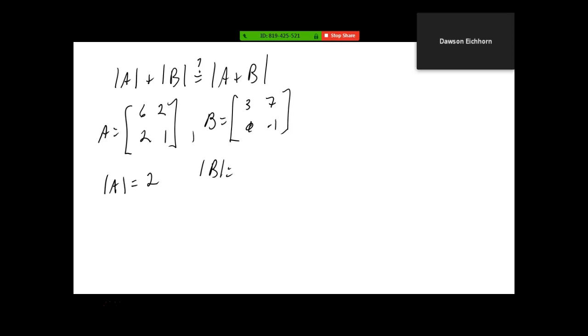Okay, what's the determinant of B? Negative 3. All right. So let's add and find out what A plus B is. That's not too bad. Okay, A plus B. Also going to be a 2.